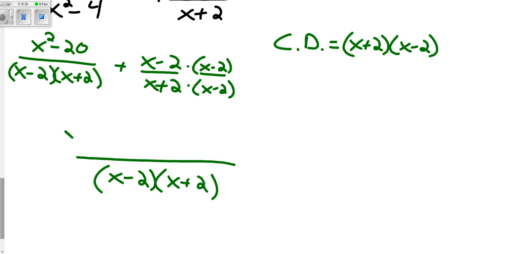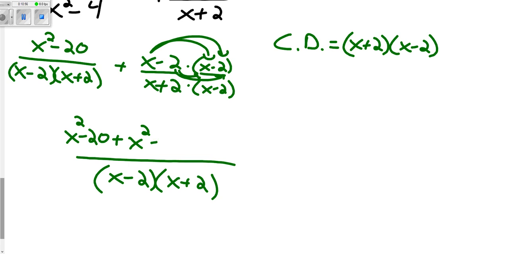Up top, though, I'm going to have x squared minus 20 plus, I need to do the FOIL here, though. Okay? So, x squared, or x times x squared, thank you.